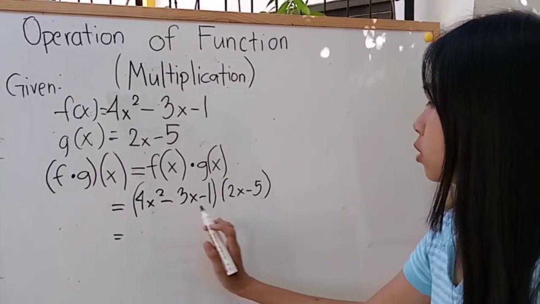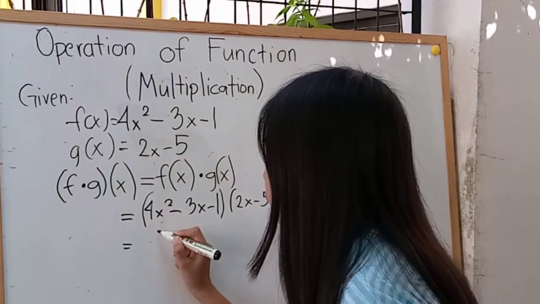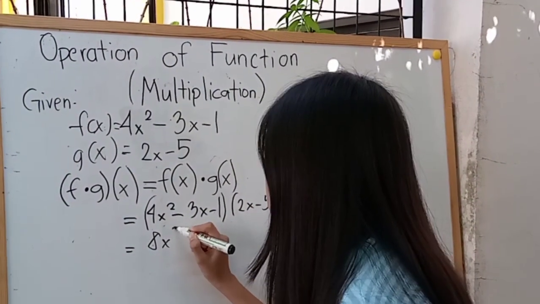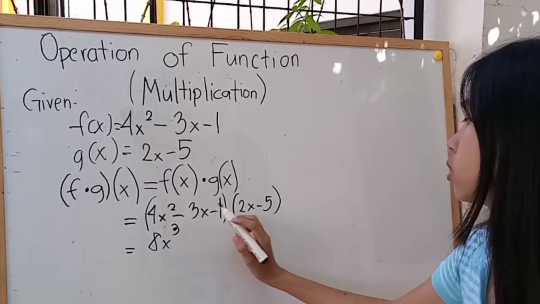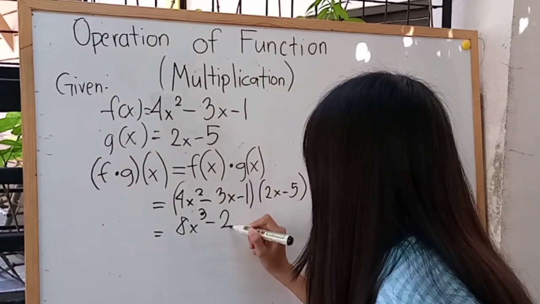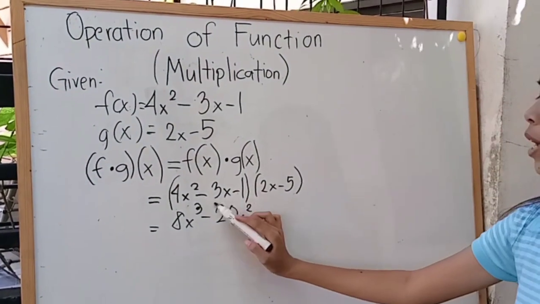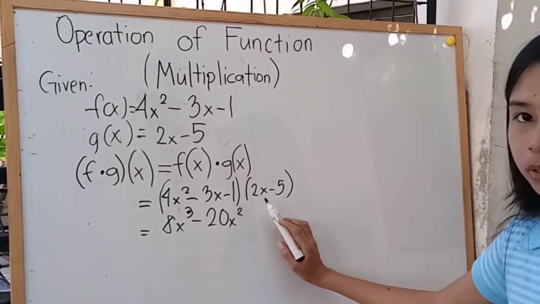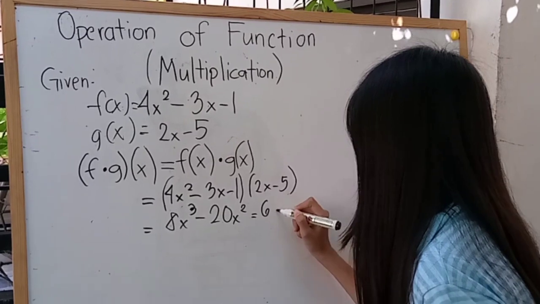4x squared times 2x is equal to 8x cubed. 4x squared times negative 5 is equal to negative 20x squared. Then negative 3x times positive 2x is equal to negative 6x squared.